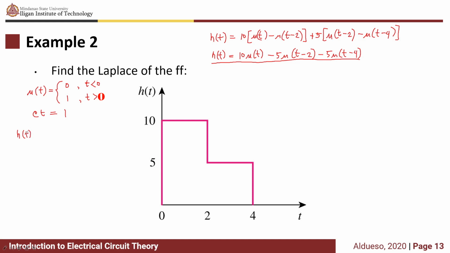H of 1 equals 10 u of 1 minus 5 u of 1 minus 2, minus 5 u of 1 minus 4. From the definition of our unit steps, u of 1 is equivalent to 1. And 1 minus 2 is just negative 1, so this is 0. And 1 minus 4 is negative 3, so this is also 0. The value of h at 1 is 10, which is true.